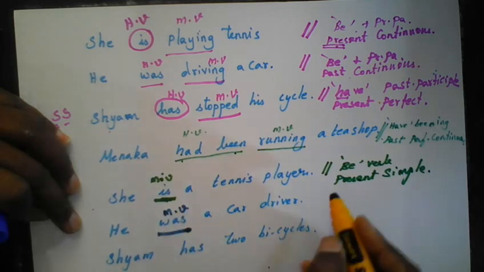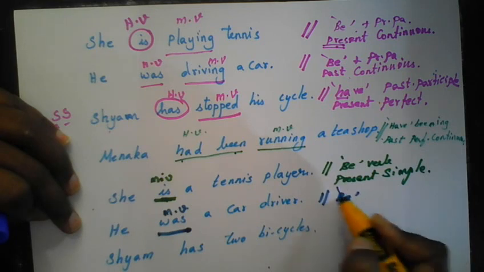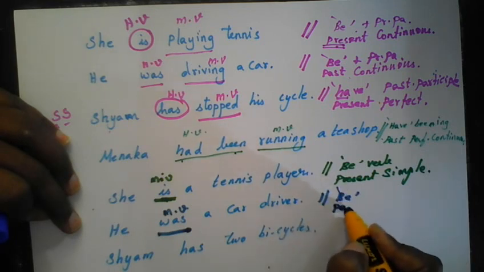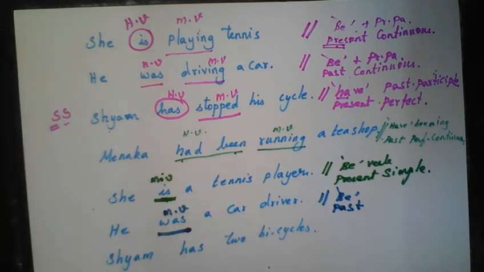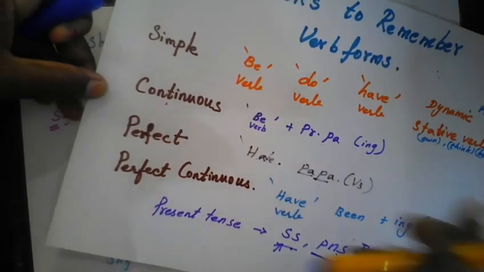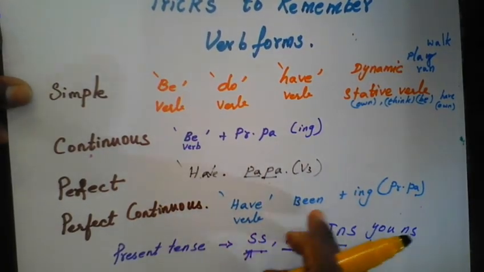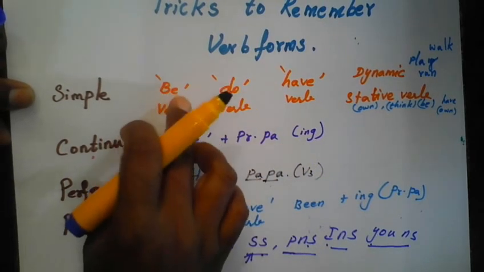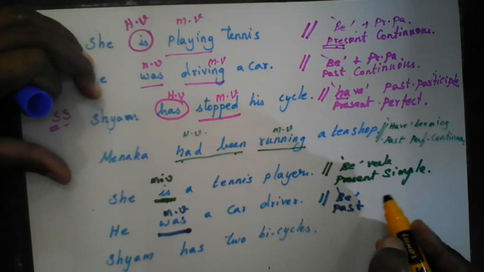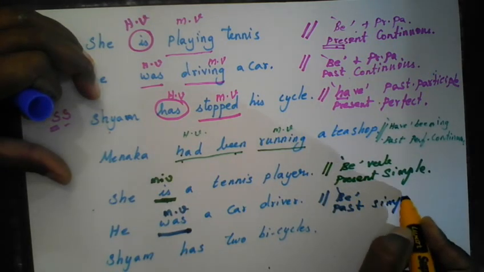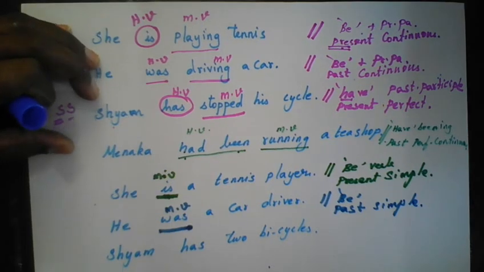Here was is your be verb, and this is a past tense be verb. So just like this, find it. There is no be verb plus ing, there is no have verb plus past participle, and there is no have verb plus been plus ing. Only a be verb is here. So what kind of tense is that now? It is past simple or simple past. Okay. Now here look at it, the last example.